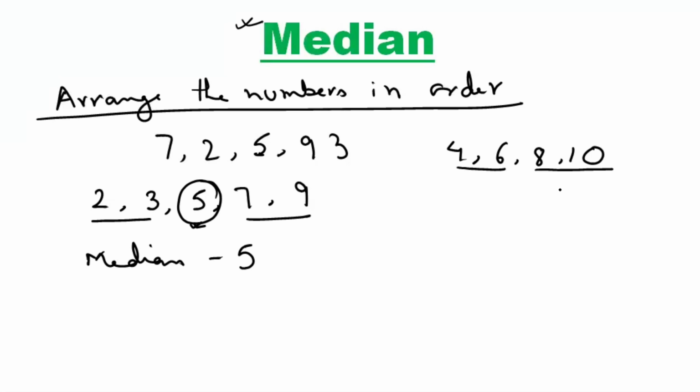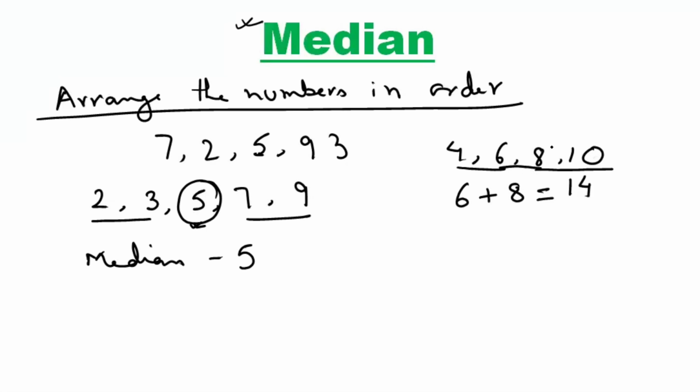So what do we have to do first? We have to add the two middle numbers. Here 6 and 8 are the two middle numbers we are getting. First we have to add both of the middle numbers. So it will become 14. Okay.